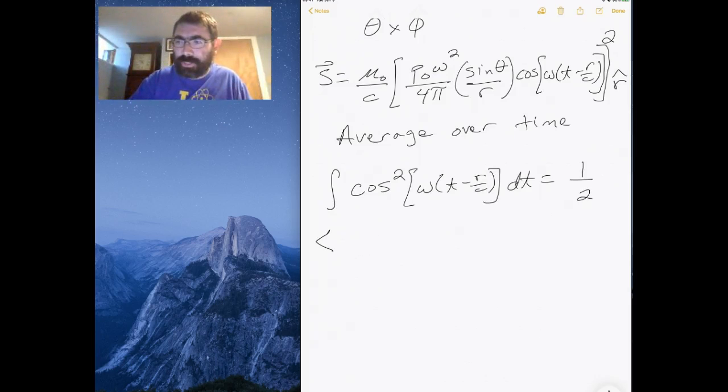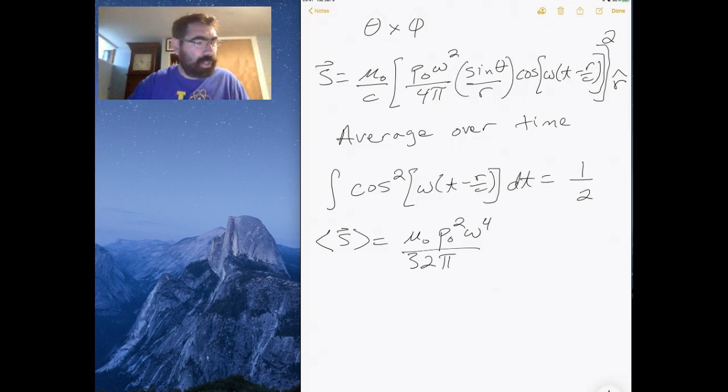So the average of the Poynting vector is mu 0 p0 squared omega to the 4th over 32 pi squared times c sine squared theta over r squared in the r direction.